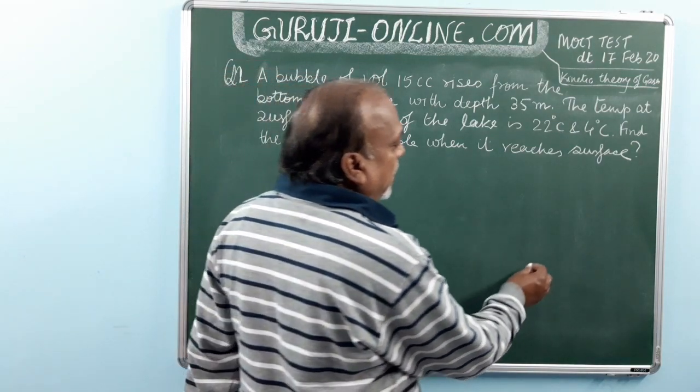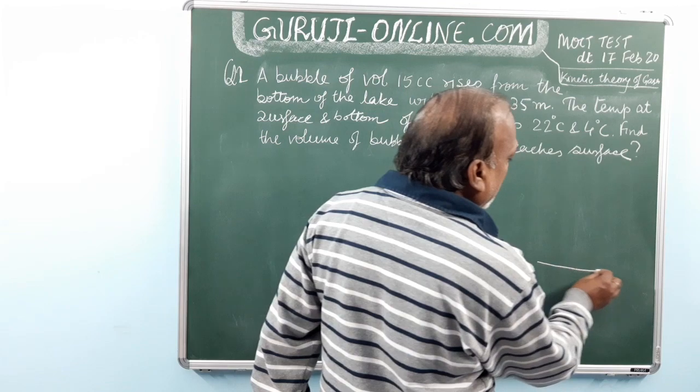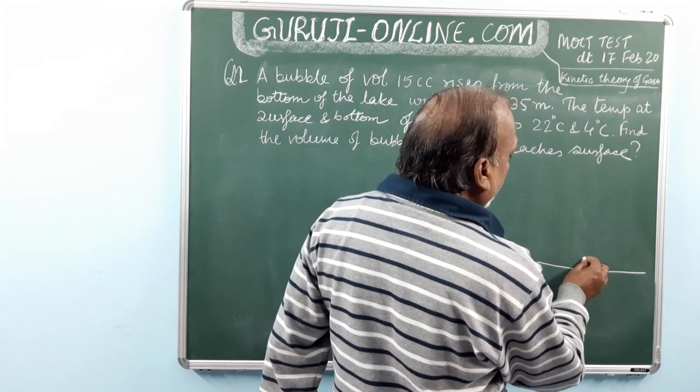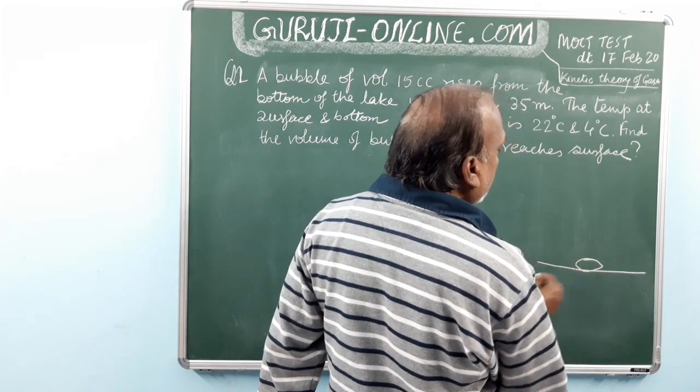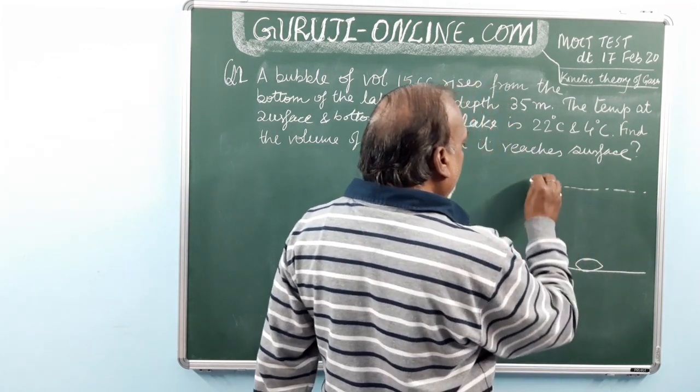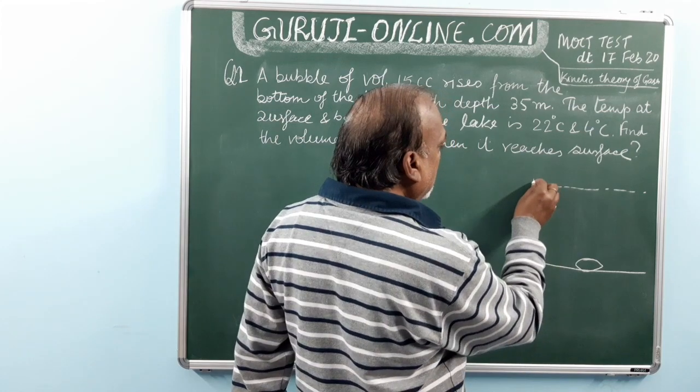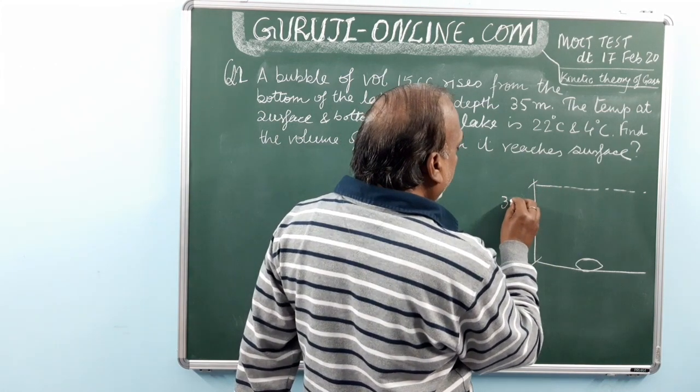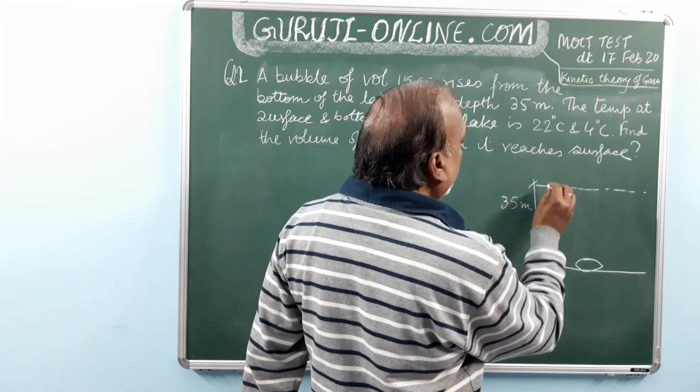So in this problem, basically this is the lake and one bubble is there, and this is the surface of the water, and this depth you are given as 35 meter.